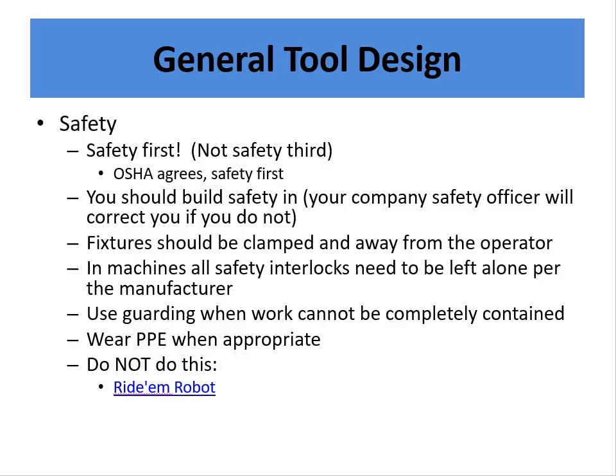Safety is number one. And then you should always use guarding if the work can't be completely contained. That usually pertains to CNC type machines, which are guarded. There are different machine tools in shops where extra guarding may be necessary, maybe grinders or knee mills, where you might want to set up some extra guarding.